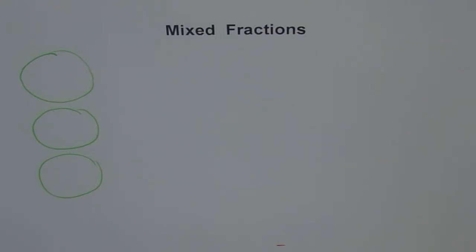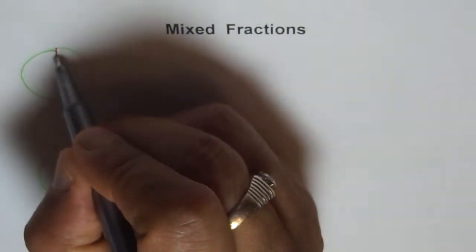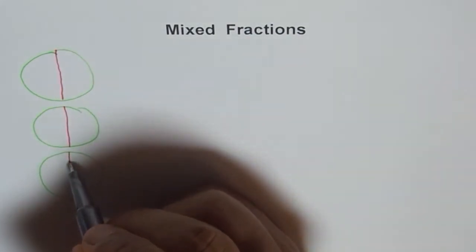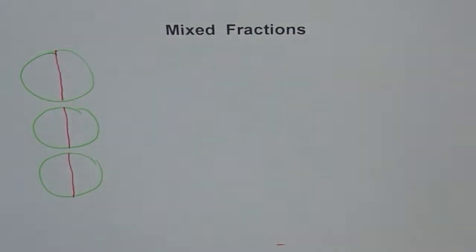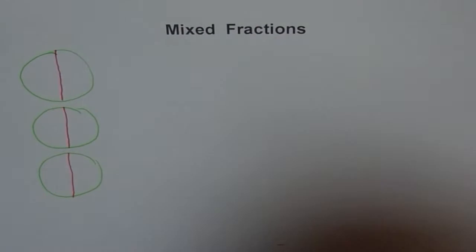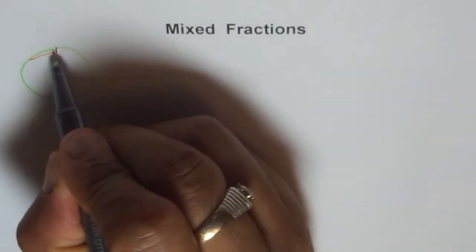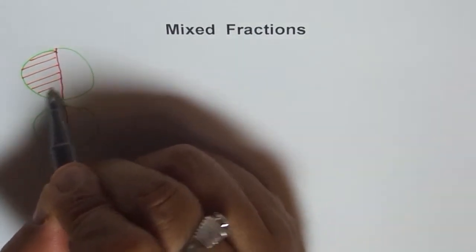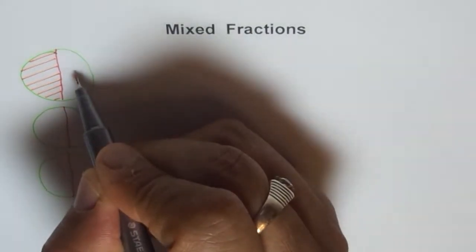So you come up with an idea: let's divide them into halves. Let's say like this. So these are 3 different pizzas. You divide them into halves. Your friend took the first half, you took the other.